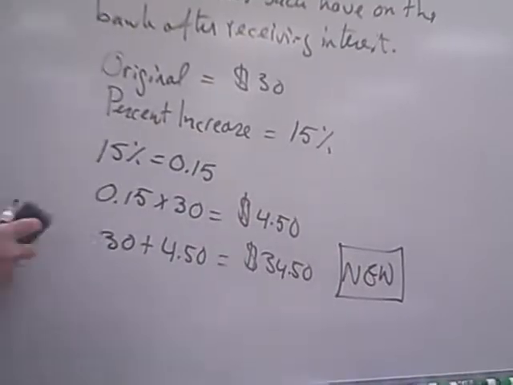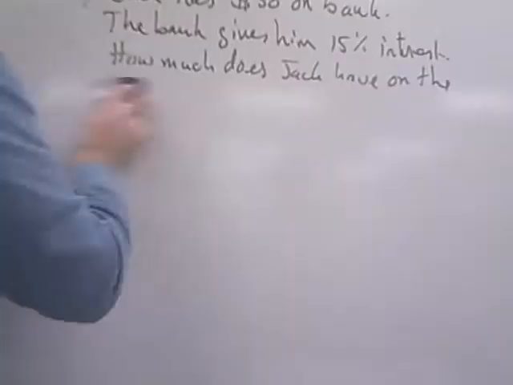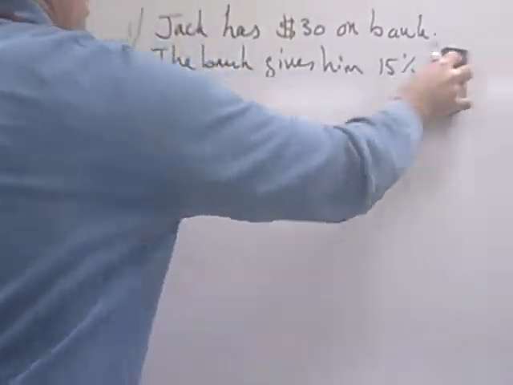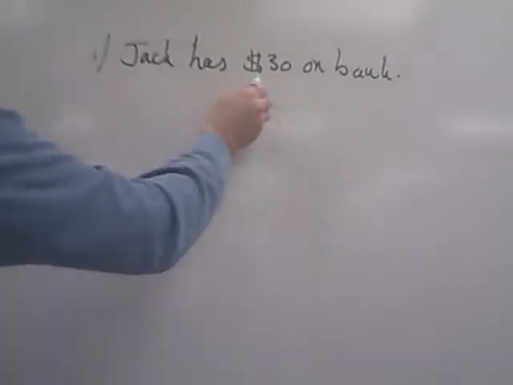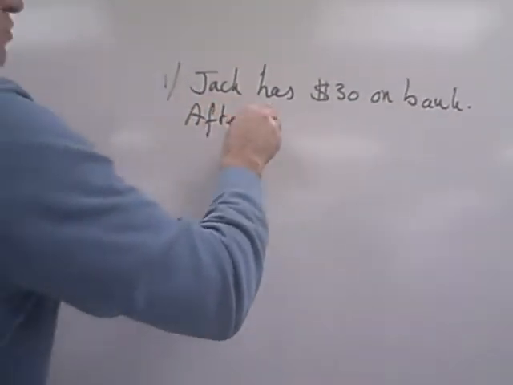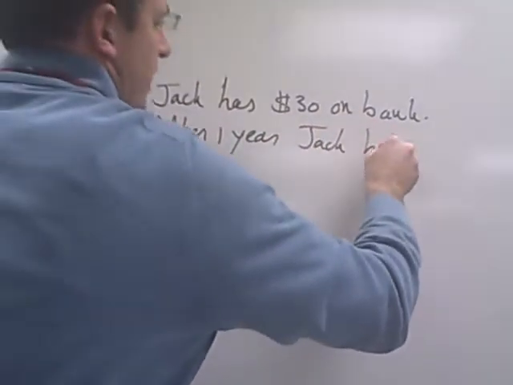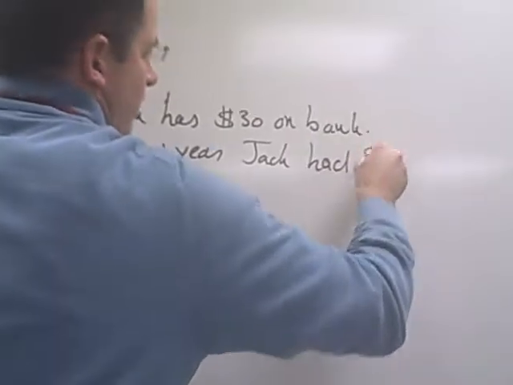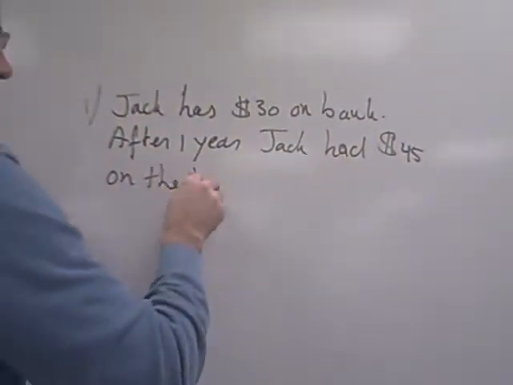A second example is one in which we are given the original. Jack has $30 on the bank. After 1 year, Jack had $45 on the bank.